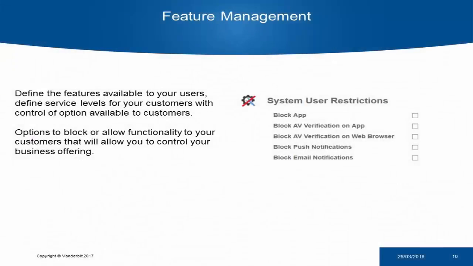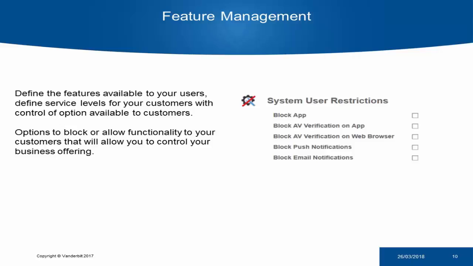Within SPC Connect, we obviously want to allow you to have as much control as possible over the services you are offering. This is why we've developed this feature called user restrictions. It will allow you to define the service offering you are allowing your customers to have. It will allow you to define the features available and block functionality to your customers.